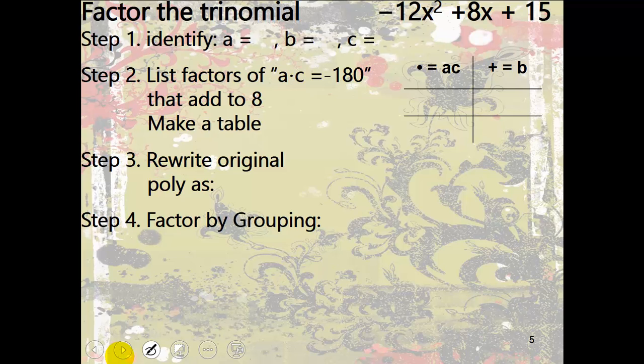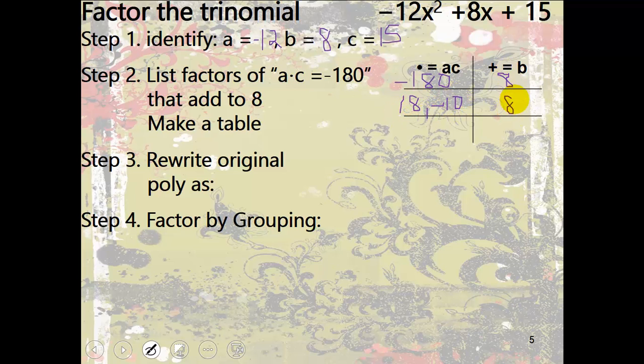All right, we have a negative 12 and 8 and 15. So we're looking for numbers that multiply to a negative 180 and add to 8. So I need 18 and negative 10. That gives me 8.